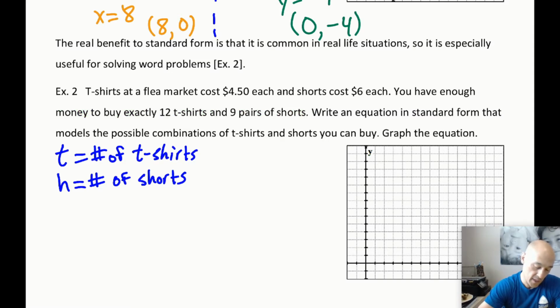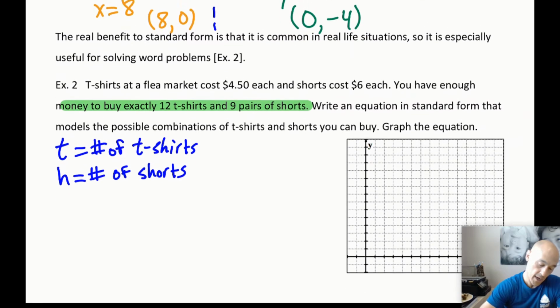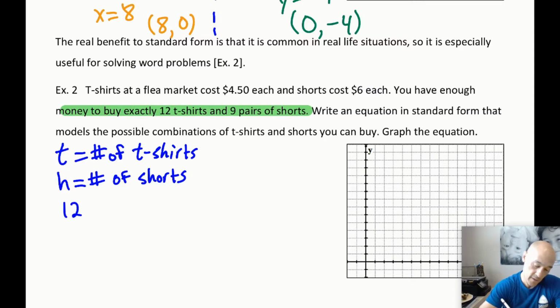So that means we have enough money to buy 12 times t-shirts are $4.50 plus, let's do it in the same order, 9 pairs of shorts at $6 each.